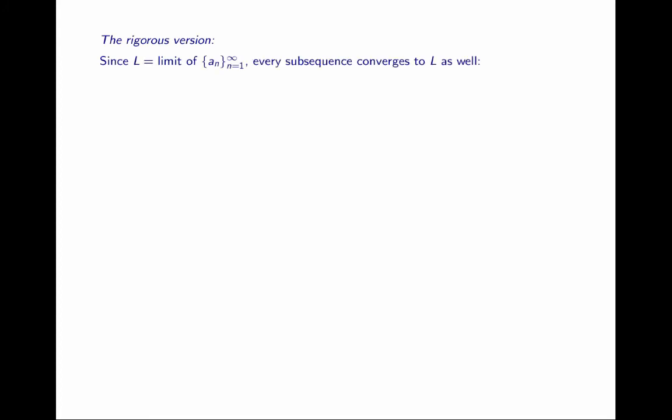Since L equals the limit of a_n, and we're guaranteed that L is really a real number, since L is a limit, every subsequence converges to L. So L is also the limit of the subsequence a_{k+1}.